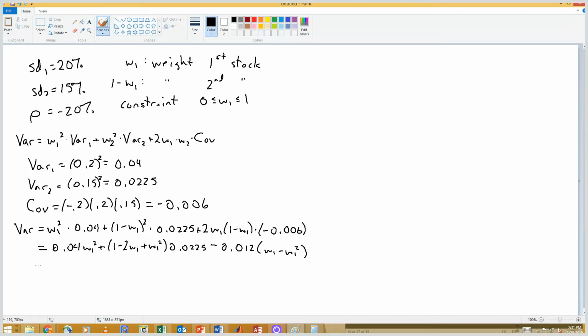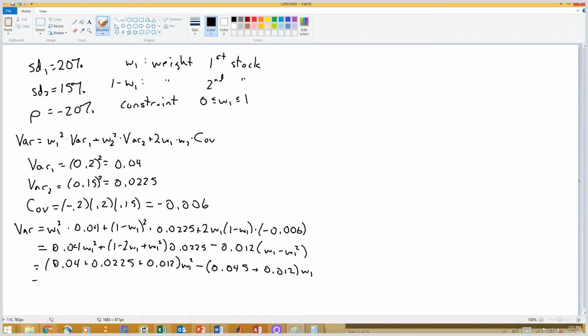And let's gather up our terms. So that's 0.04 plus 0.0225 minus minus, so plus 0.012. That's all our W1 squared terms. And then our W1 terms are going to be minus 2 times 0.0225, so that would be 0.045 plus 0.012 W1.